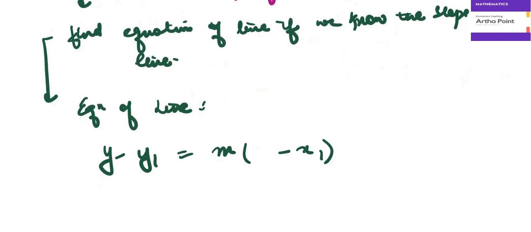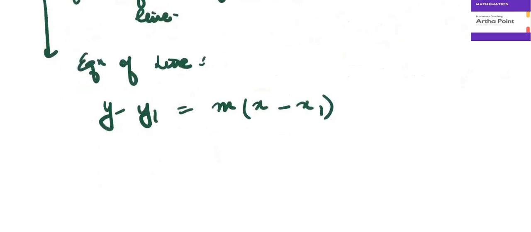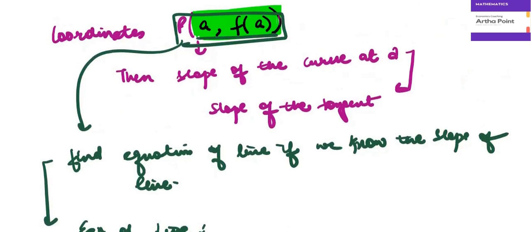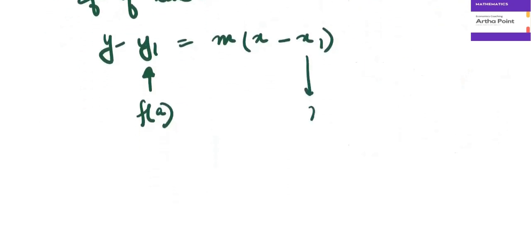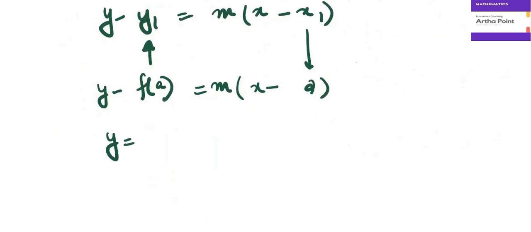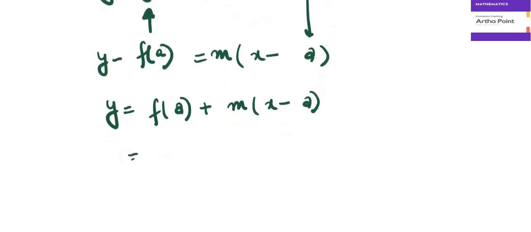My y1 is f of A, and x1 is A. So this becomes y minus f of A is equal to m times x minus A. So it becomes y is equal to f of A plus m times x minus A, which is f of A minus mA plus mx.